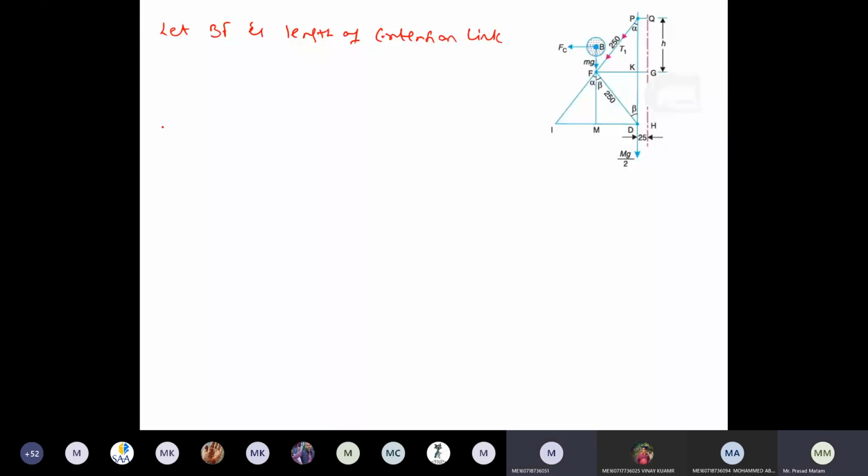From the N square formula, speed N square is equal to, we know that N square is equal to FM by BM into small m plus capital M by small m into 895 by h.